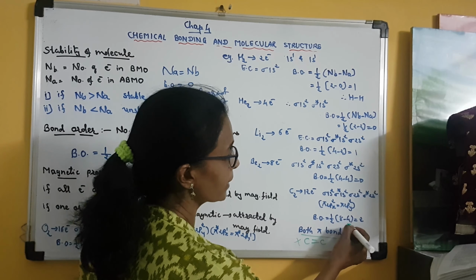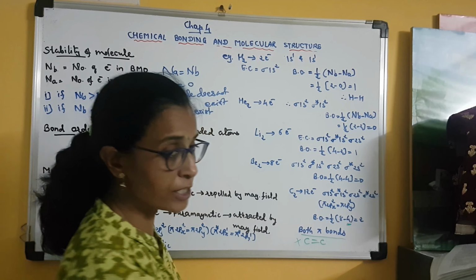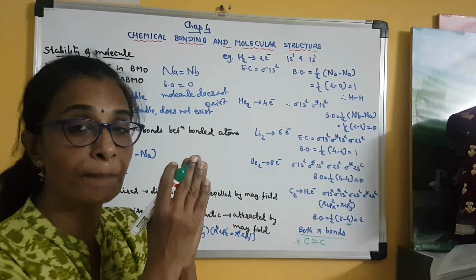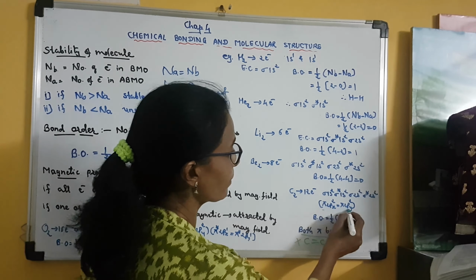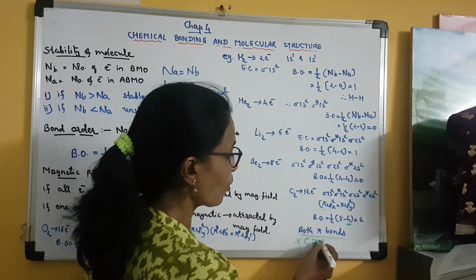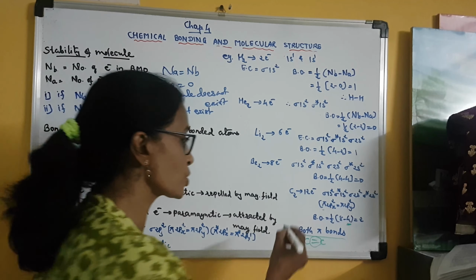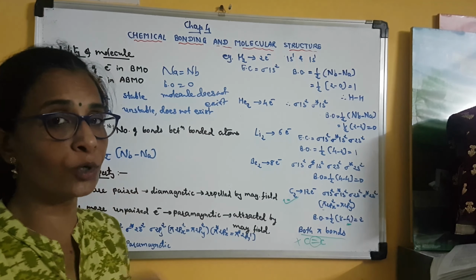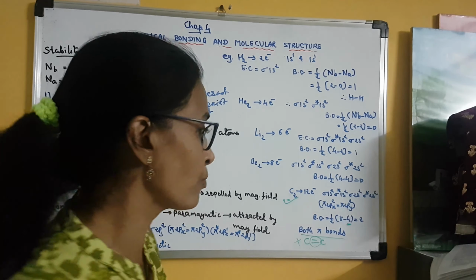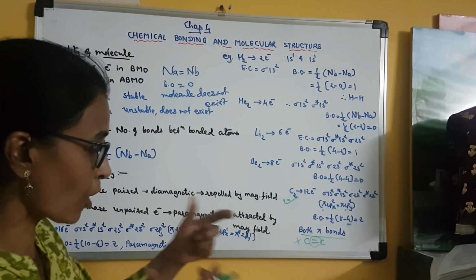Because here there is involvement of the pi orbitals. So there is involvement of pi orbitals in the formation of the C2 molecule, and that is why both the bonds in the C2 molecule are pi bonds. There is no sigma bond. So this is very, very important. Clear? In the C2 molecule there is a double bond, but both the bonds are pi bonds. Why? Because there are 2 pi orbitals involved in this bond formation.